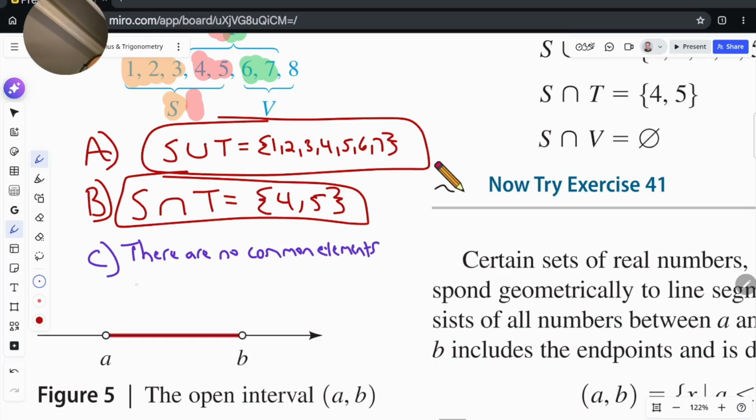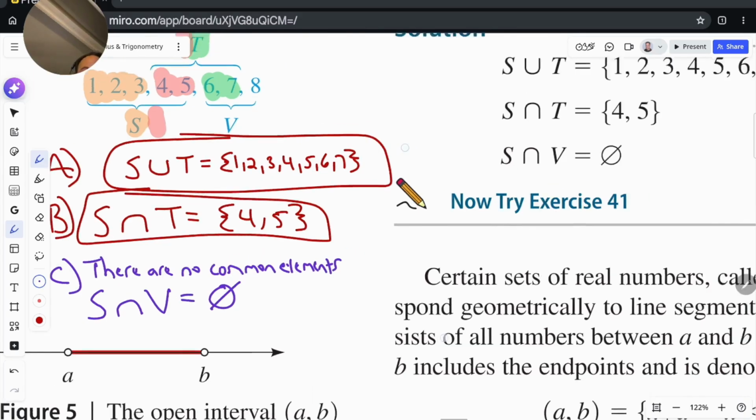So let's go ahead and write that S with our upside down U, V now. Put a line through that 0, a slash through the 0. The empty set. S and V have no element in common.